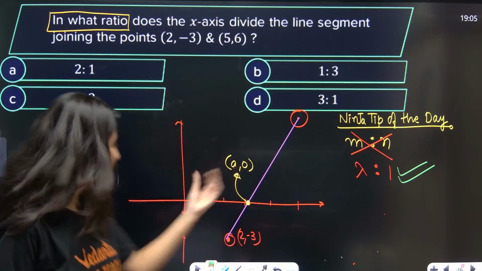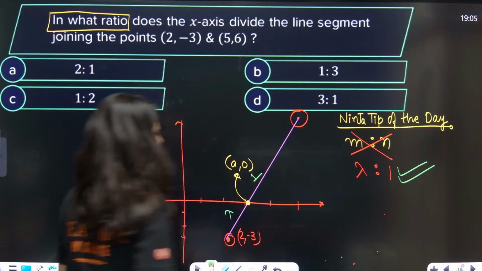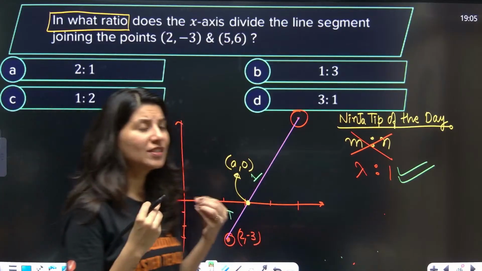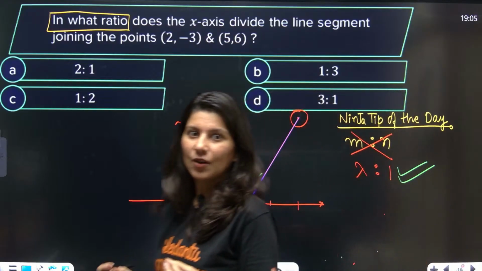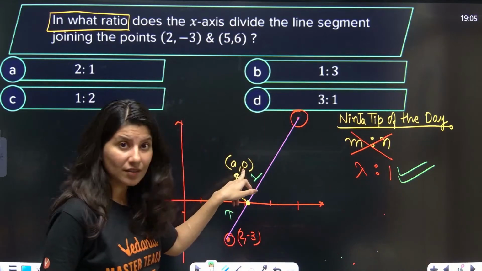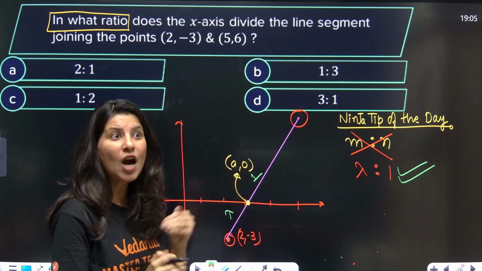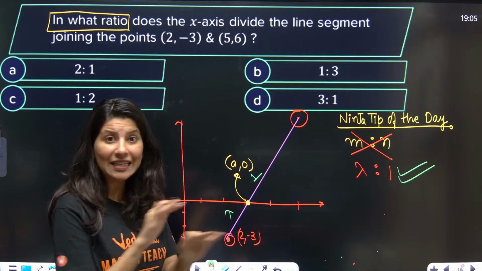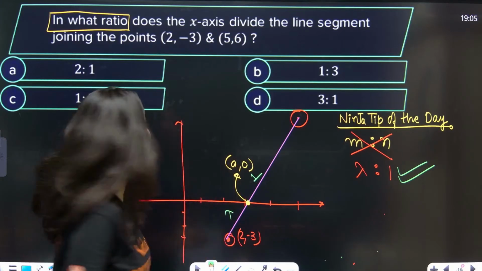Okay, so let's get back to this question. So this is your lambda and this is your 1. Now make use of 0. In mathematics, 0 is very important. So if you have got the y coordinate, do not apply the section formula in x. Section formula in y will be applicable over here.